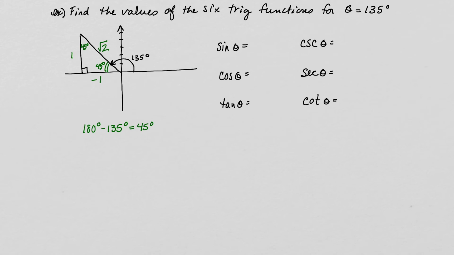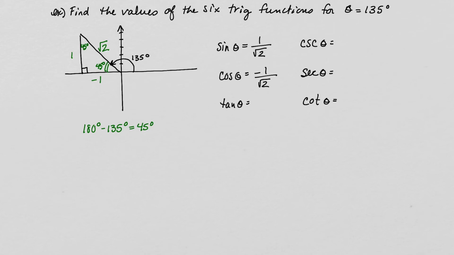So how do we find the sine? Yeah, 1 over the square root of 2, right. So the opposite side is 1, and the hypotenuse is square root of 2. What about the cosine? Yep, so the cosine is going to be negative 1 over the square root of 2.